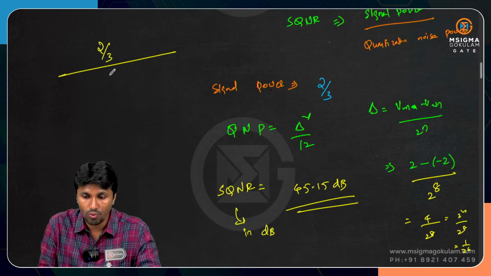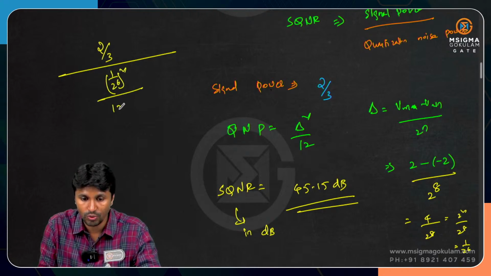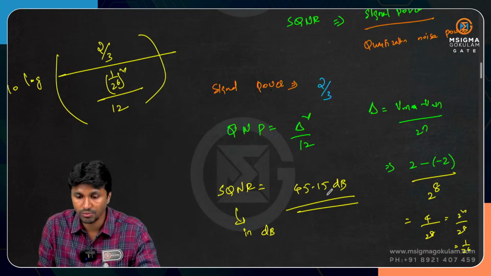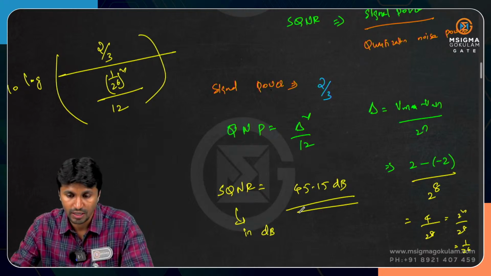So 1 by 2 raised to 6 whole square divided by 12. Simplify this and find it in dB, so 10 log of this. It comes out as 45.15 dB.